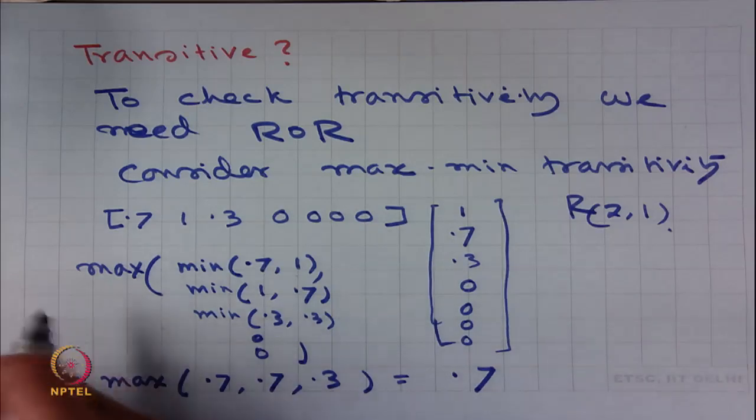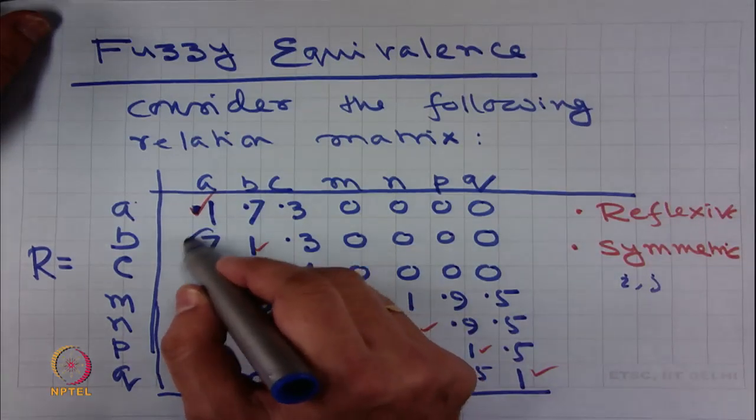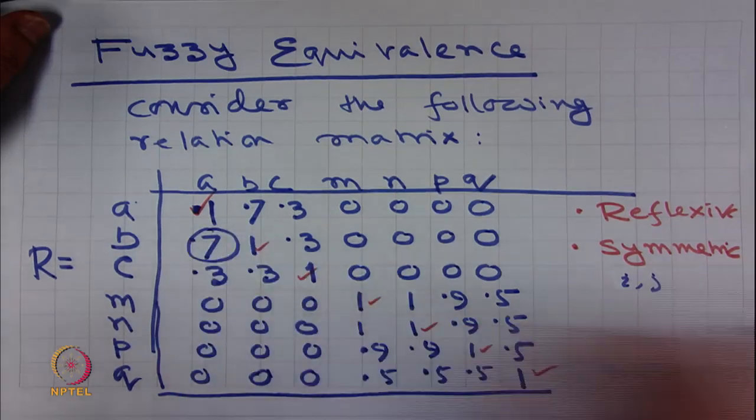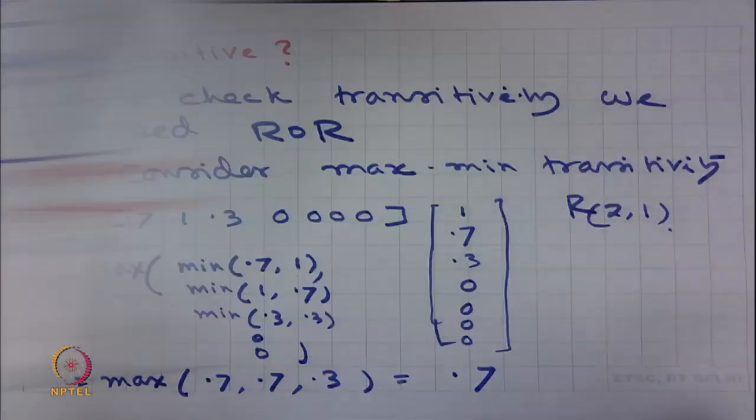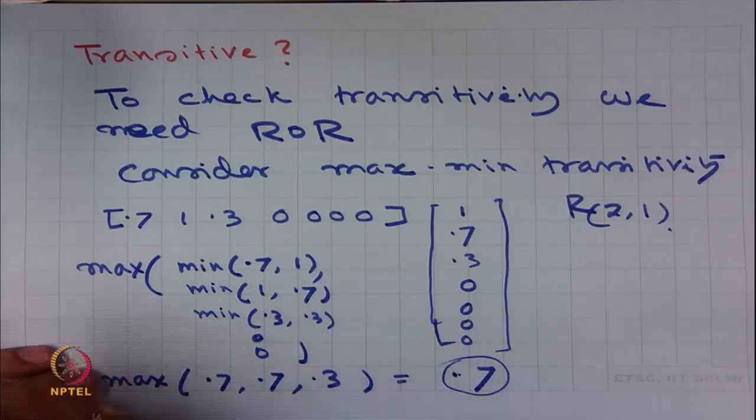In the original matrix, the 2 1 element was 0.7, and after composition also it remains 0.7.